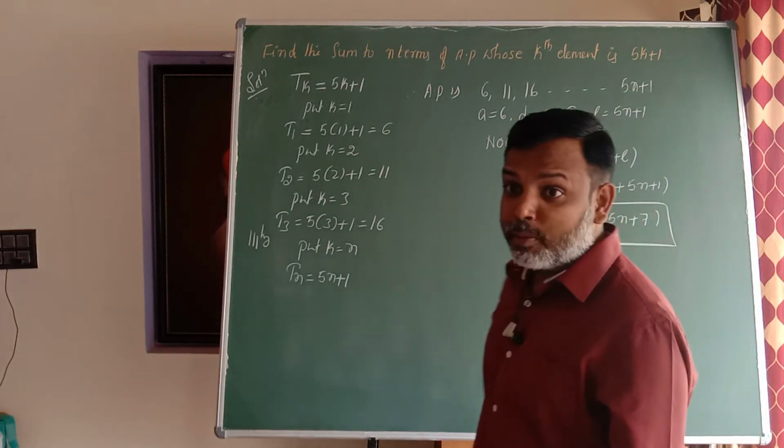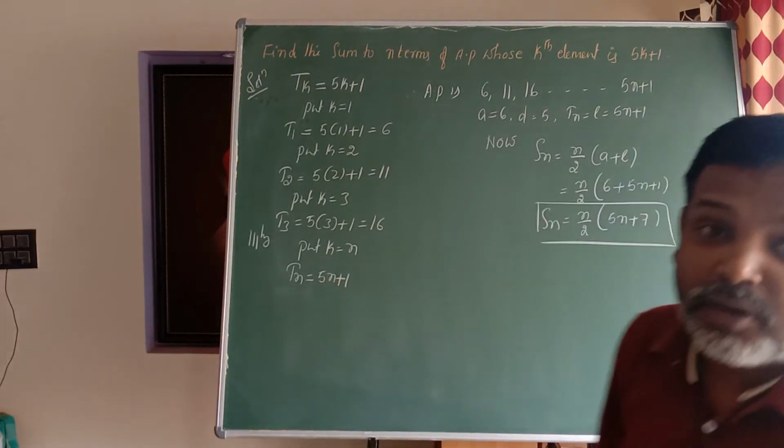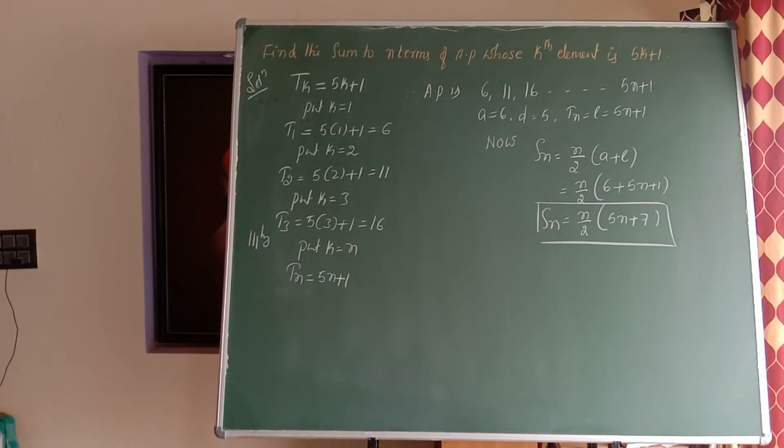This is a 2 marks question from the point of view of examination. Understand this? Just by using Tk, that means the kth element or kth term, I found the first term, second term, third term, and so on, and the last term Tn, by putting k is equal to 1, k is equal to 2, k is equal to 3, like that. Okay. We'll move on to the next questions.